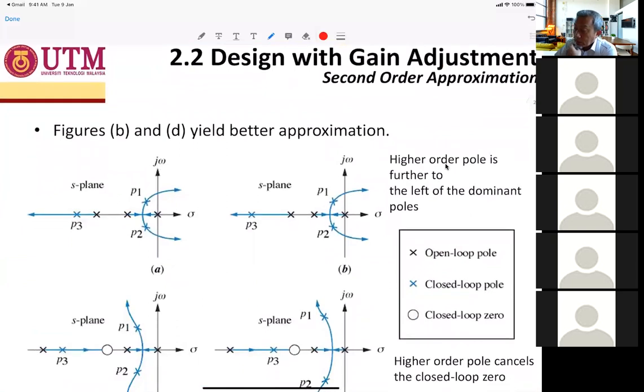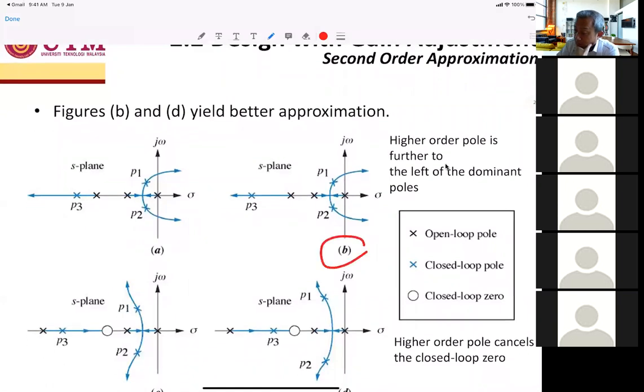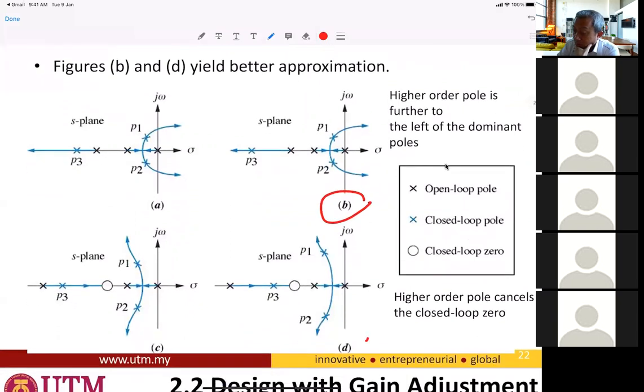So how are we going to apply the second order approximation? By looking at figures B and D, which yield better approximations compared to A and C. This is the s-plane. The higher order pole is further to the left of the dominant poles, this is the third pole, where the black X is the open loop poles, the blue cross is the closed loop poles, and the zero is the closed loop zero.